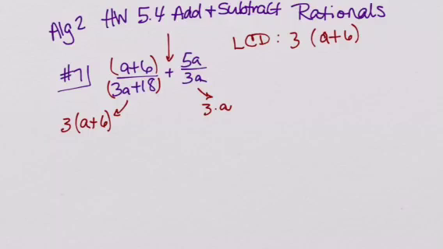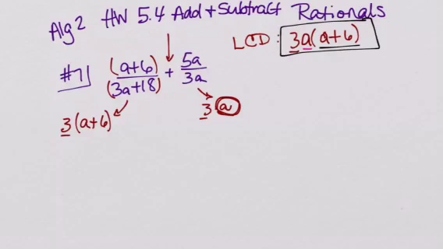I've already said everybody needs a 3, so we've got that covered, but I haven't said that everybody needs the single a, so I need to include a single a in this denominator. In order for these two fractions to match, they have to have a 3, an a, and an a + 6. So this is my LCD right here.